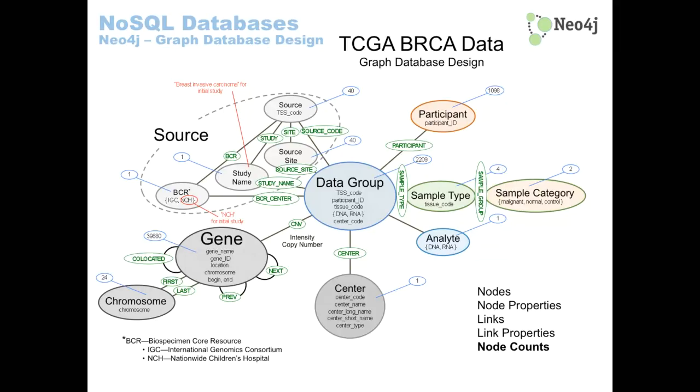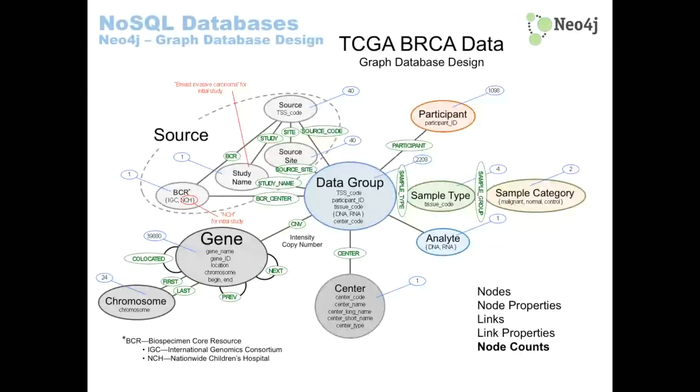And so copy number variation can give you a lot of information about the cancer. So we needed to actually code that information as a property of a link from a data group.